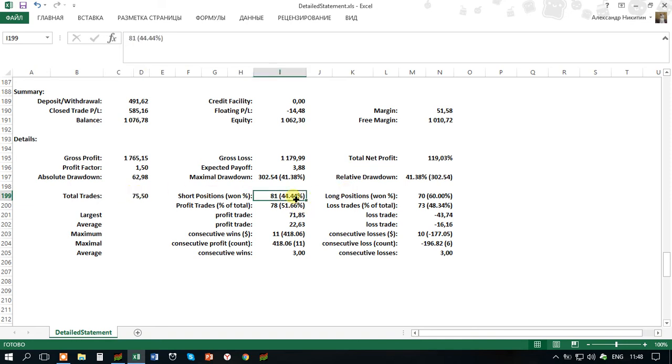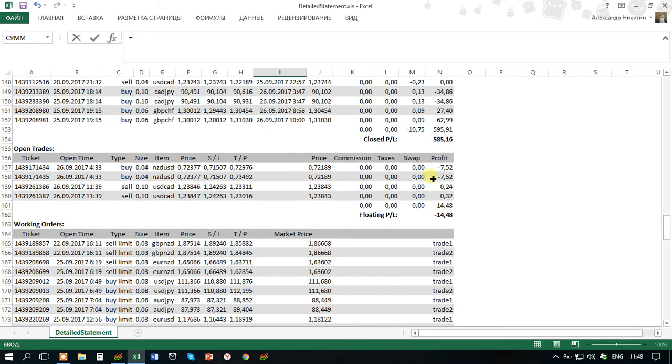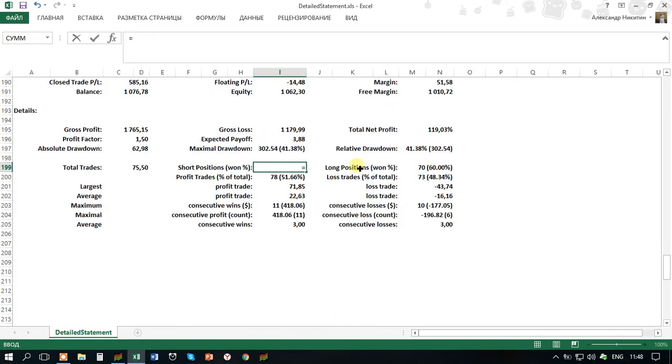Okay, so let's calculate the number of winning trades. Let's go to this range. Our range is column N, yes, N2 to N152. I will type the formula in Russian. It is translated as COUNTIF.